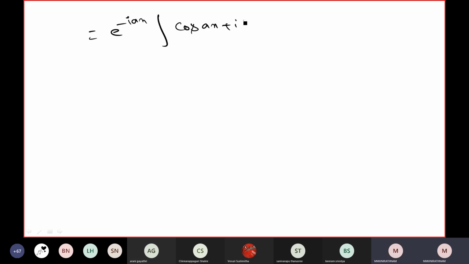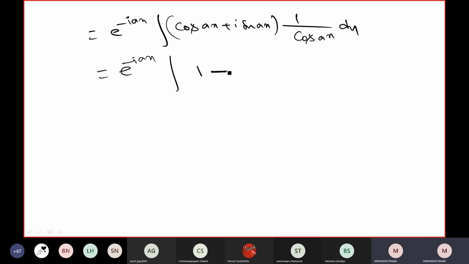Very good. Secant means 1 by cos. This will be nothing but 1 plus i tan ax.